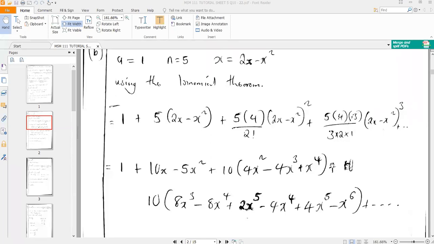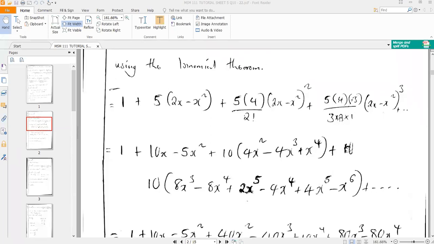Plus, we come to this part here. The 3 there can cancel with that one, so this 3 will go. Then the 2 can go into that 4 to have 10, so it will be 2 times 5, which is 10. Then for this one to power 3, I believe you can even use what you have here. We know that this is when x is the power 2, so we multiply with another one to make it the power 3.